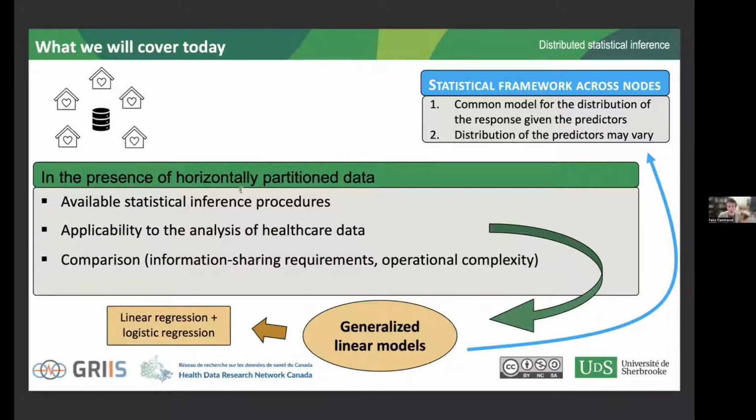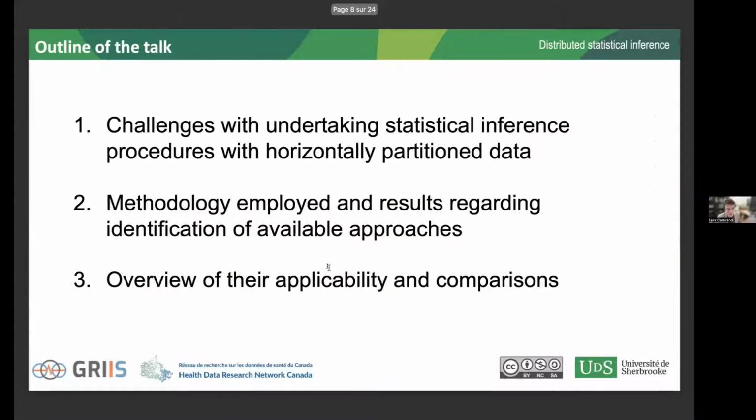But making the adjustment, when you know a bit about statistical theory, is not that difficult. So what we did is that we tweaked those methods to make them work for uneven distributions of predictors and uneven sample sizes. And then we will compare them in terms of information sharing requirement and their operational complexity. First we'll see the challenges that need to be overcome when we think about statistical inference procedures with horizontally partitioned data.